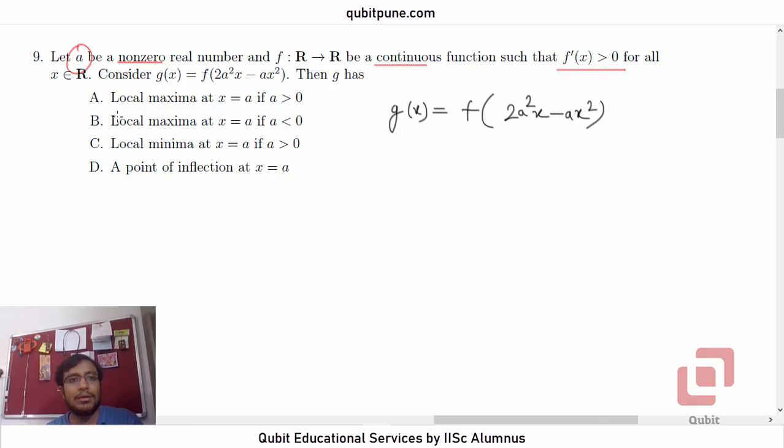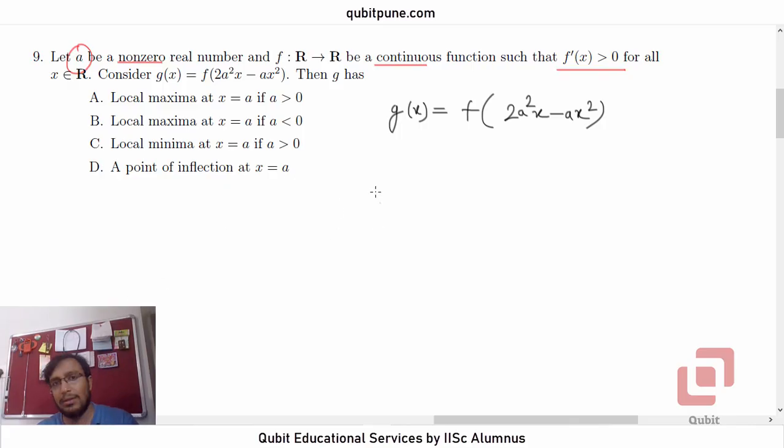Then g has local maxima at a if a is positive, local maxima at a if a is negative, local minima at a if a is positive, and a point of inflection at x equal to a.